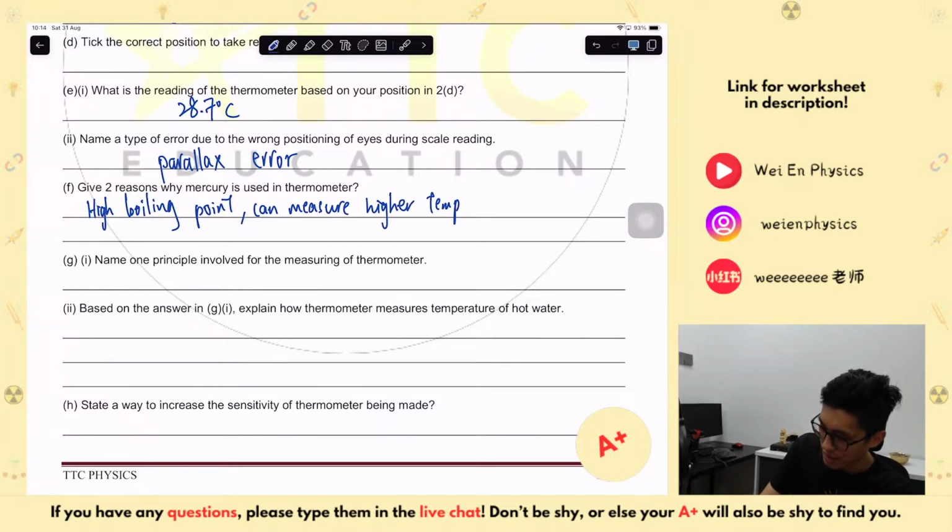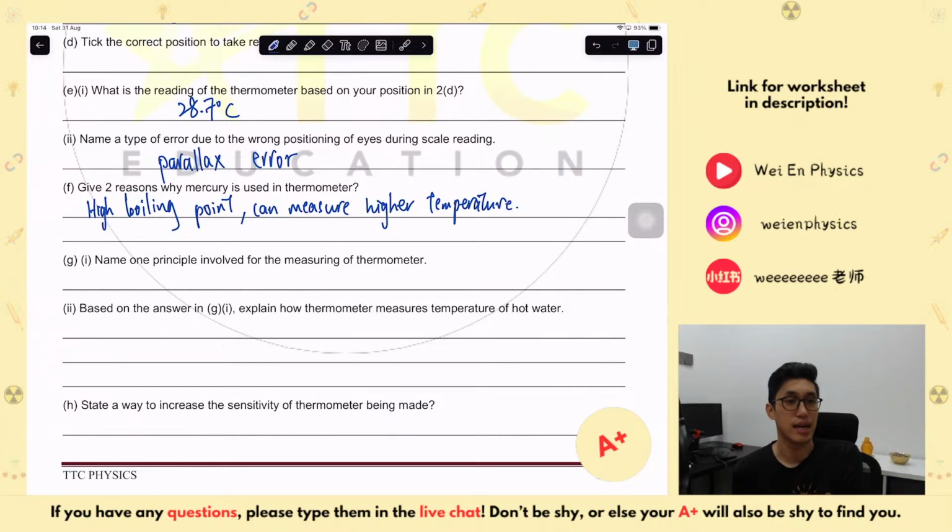Another advantage is that mercury is a very good heat conductor. Compared to alcohol, mercury can conduct heat better, which means it can reach the temperature faster, like it can show temperature faster. So you put it in hot water, very fast, it will show you this is the temperature.